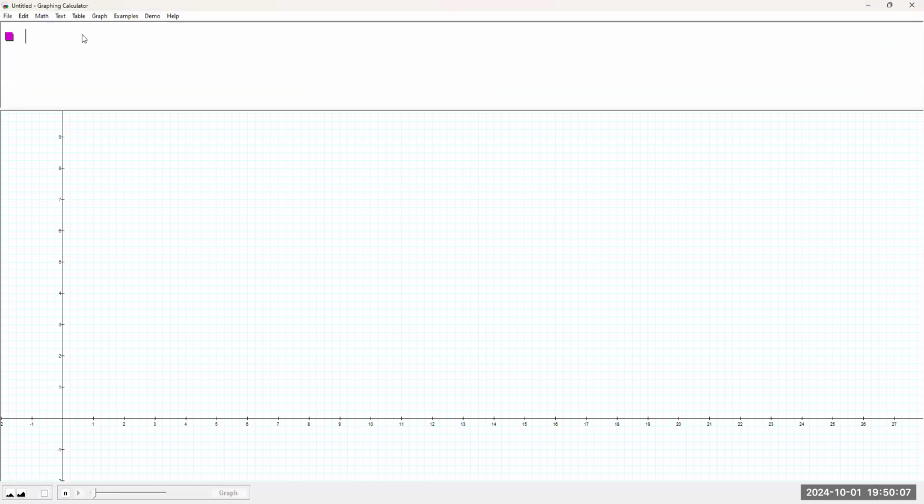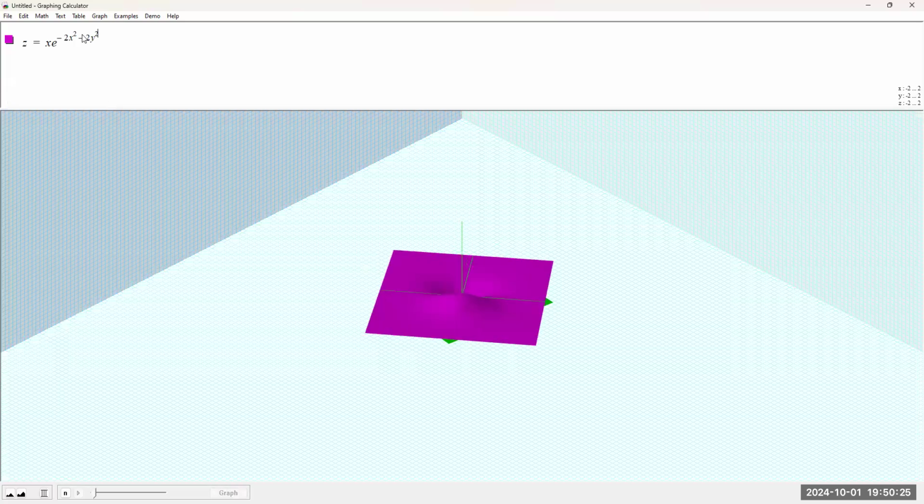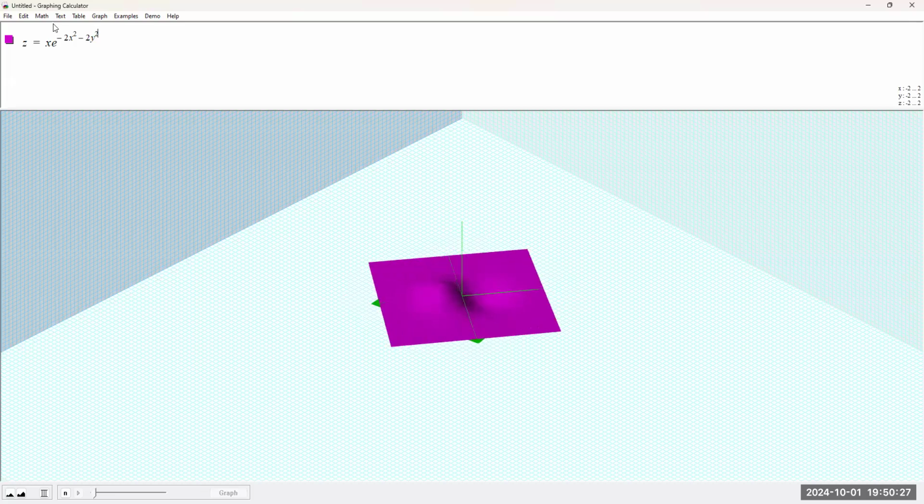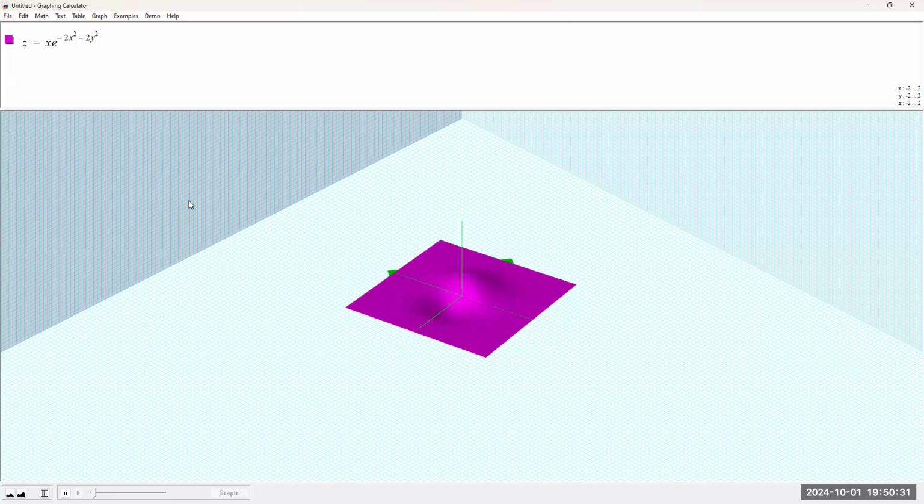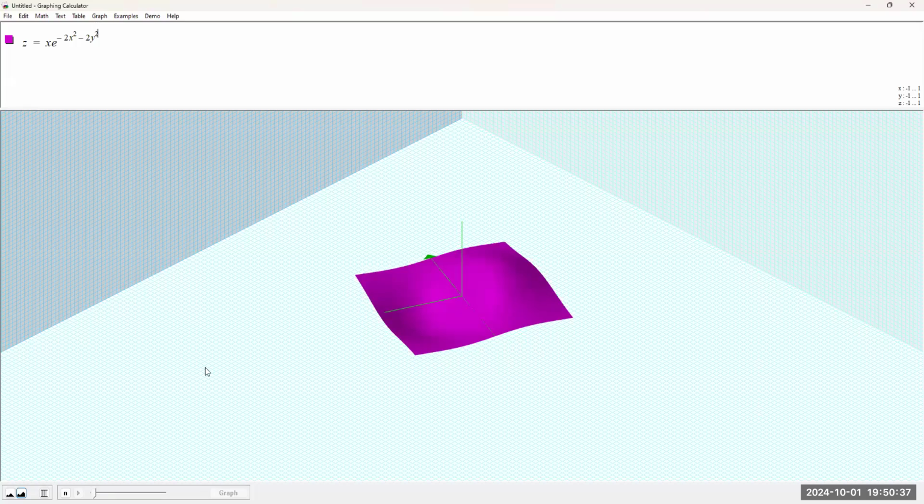So z equals x times e to the -2x squared minus 2y squared. That's what it looks like. Maybe I stop it here and then enlarge that a little bit and then let it run again.